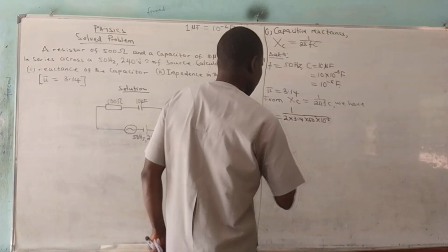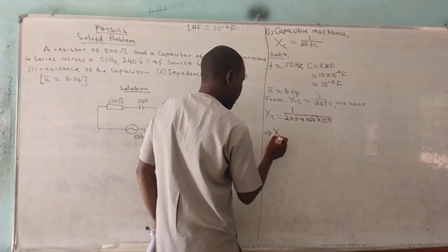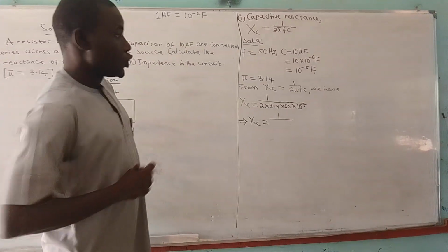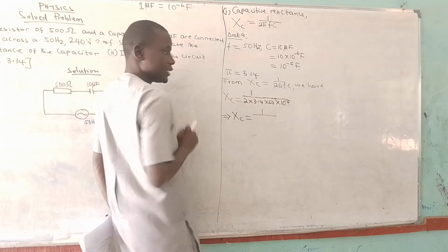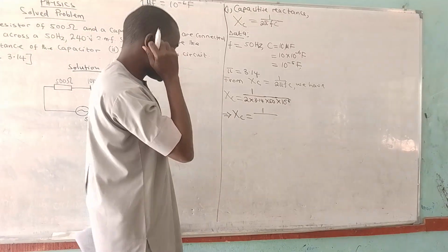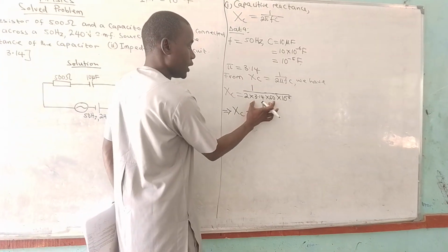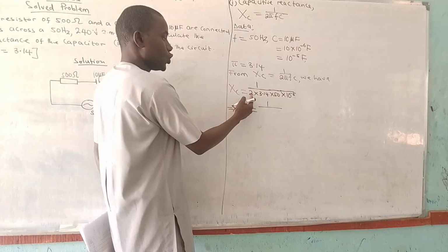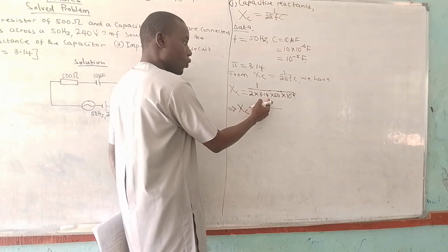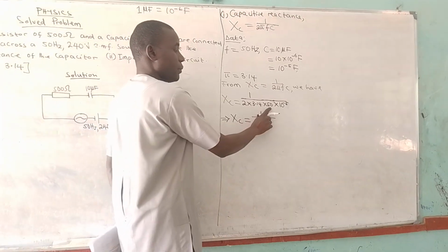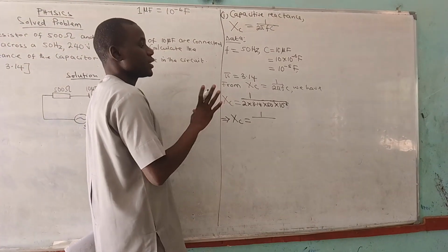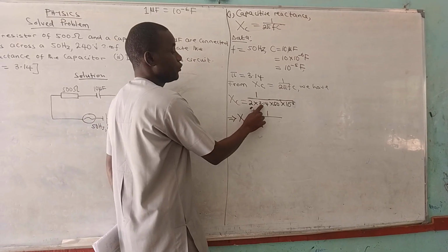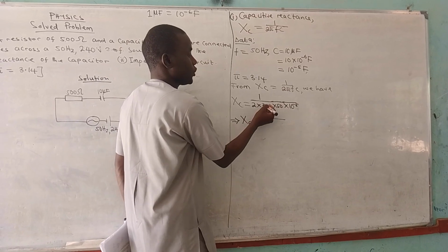So what do we have now? So this implies that Xc is equal to 1 divided by... You can leave this if it is causing trouble, and simplify it separately. You will do 2 times 3.14, whatever you get, then you multiply by 50. Or if you want a shortcut, 2 times 50 is 100. 100 times 3.14, the point will move 2 steps to the right. 1, 2.